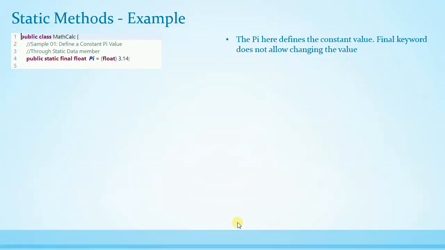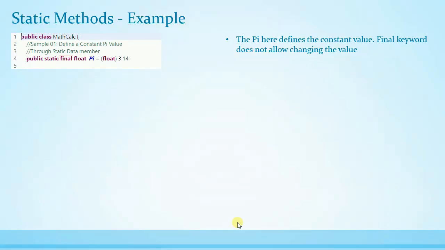Public, we already talked about. Static states that pi is a static data member. That means outside the math calc, one can easily use this constant. Let's say some outside code is calculating the area of a circle, they can directly refer to this pi as math calc dot pi. The final keyword stops changing the value.